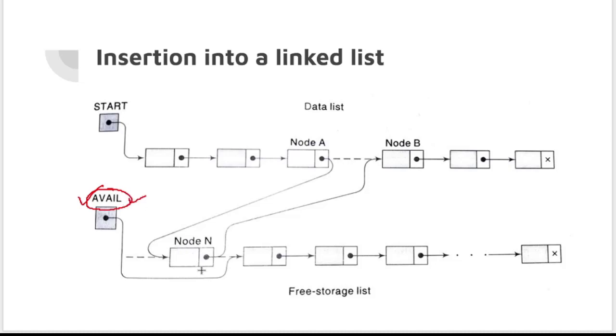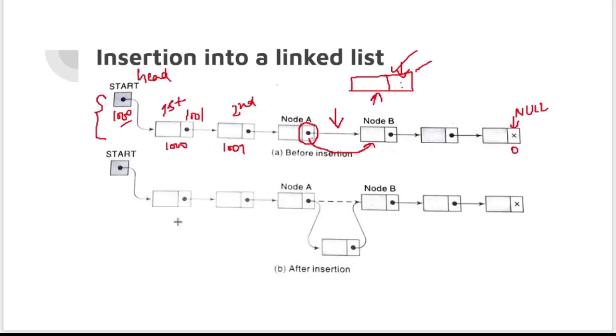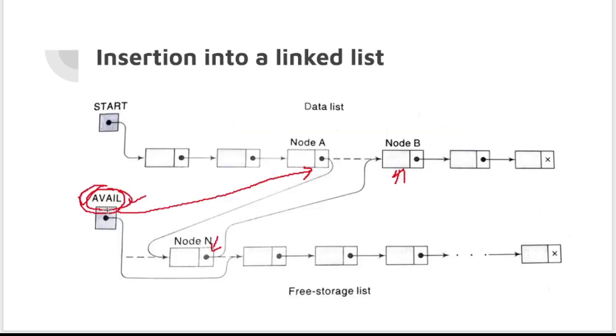Then we pick the address of that node, assign it the value, and update the pointer of this value to point to the address of node B. So with the help of the avail list, we can insert the item just like we did in the previous slide. The only difference is that we are picking the storage memory from the available list, which becomes part of the actual linked list.